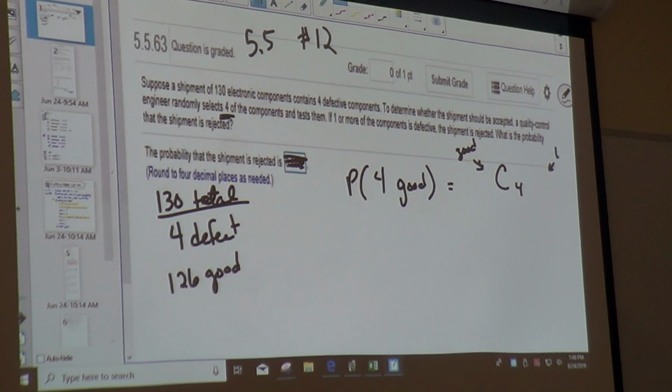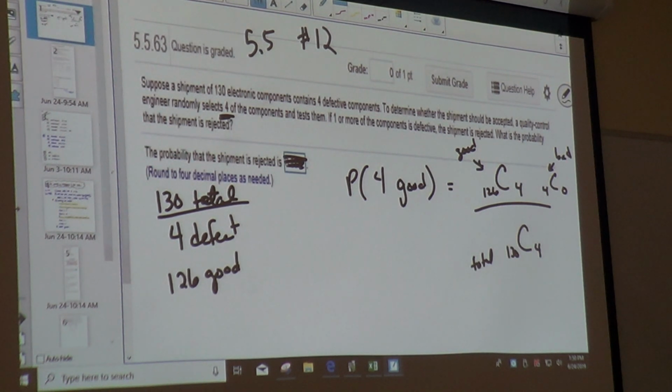Let me do good and bad over total. I'm picking 4 total out of 130. I'm picking 0 bad, and I'm picking 4 good. So how many are the good ones? I'm picking 4 good ones from 126, and I'm picking 0 bad ones from the 4 bad ones.